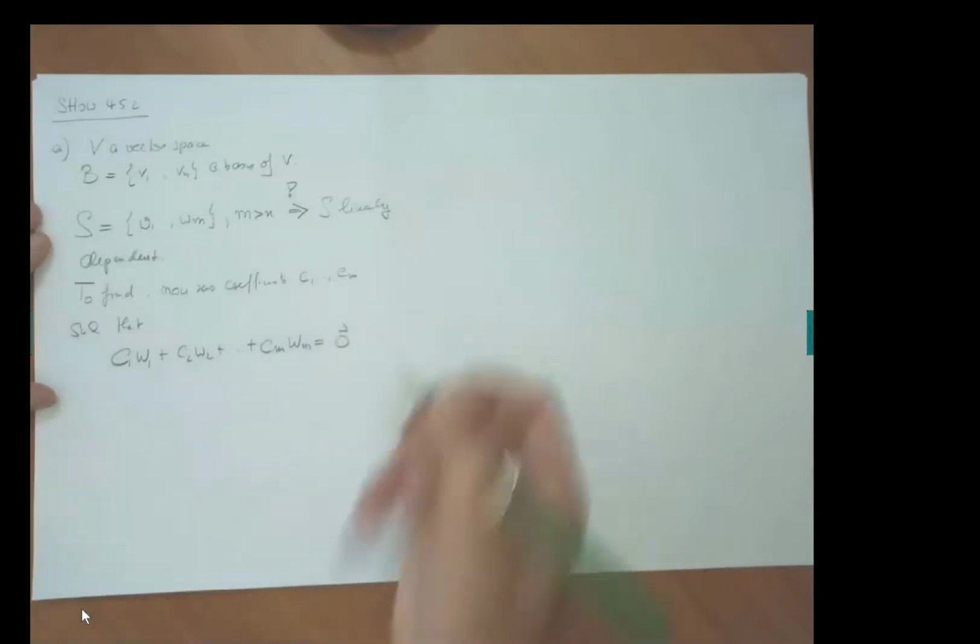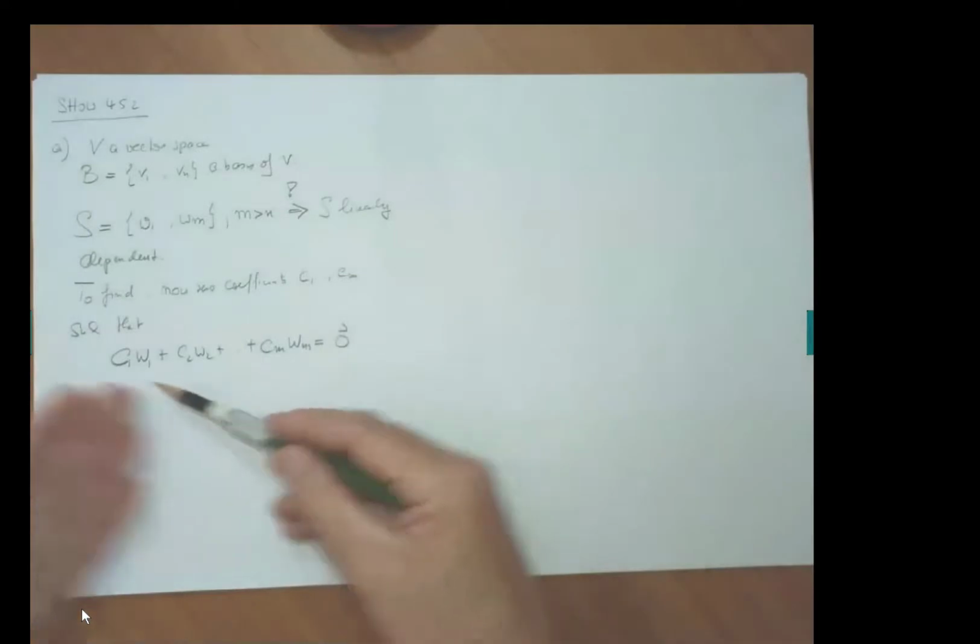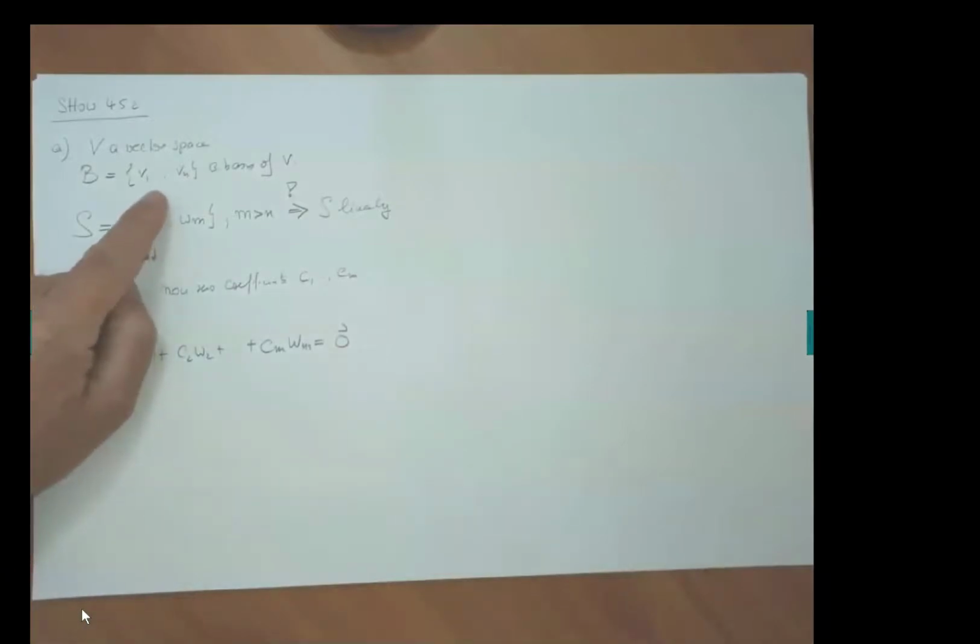This is a zero vector. Okay, and again, you see how in the world would we do this? We don't even know what these things are. And the starting point is we put in our basis.